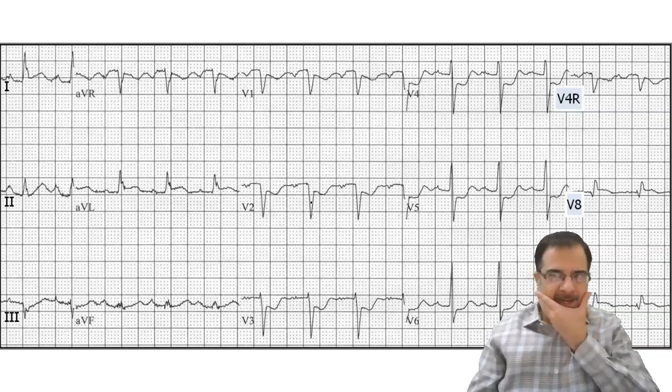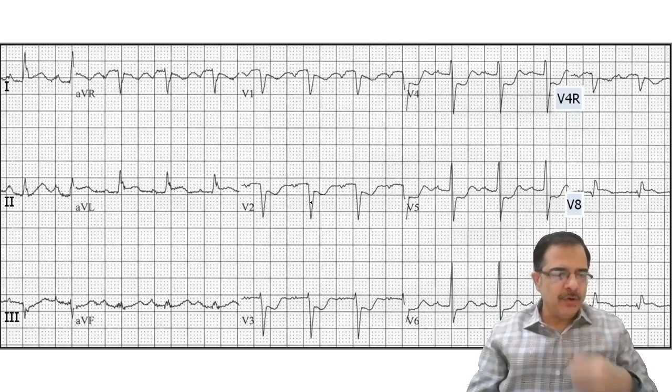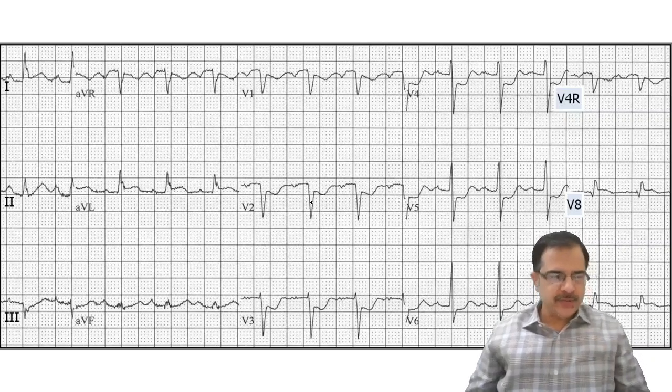Okay, let me see who can identify this ECG wall accurately. Yes, your answers.